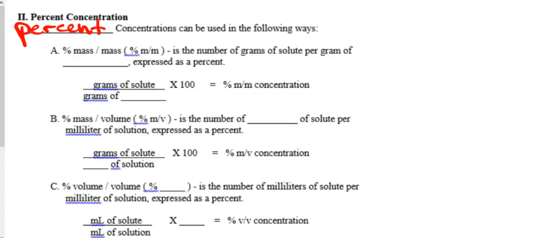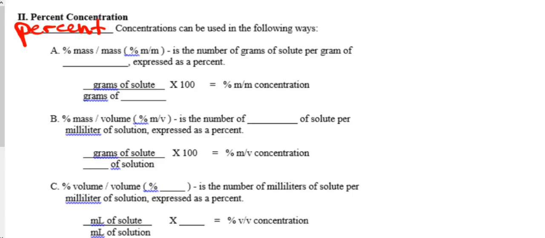First blank. Percent concentrations can be used in the 3 following ways. All right, so percent is your first blank. The first is mass over mass. Now look, percent concentration is not hard. If we were going to do percent concentration of just the number of boys in this class, we would just count how many boys there were, divide by the total number of people, and multiply by 100, right?